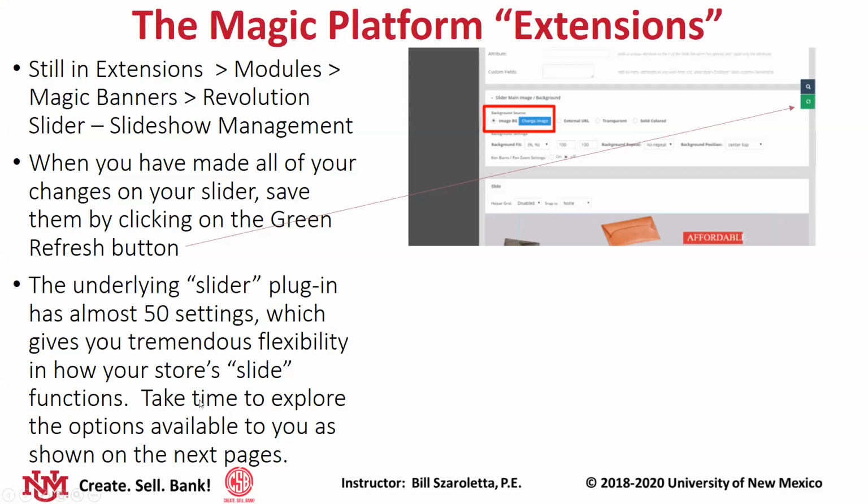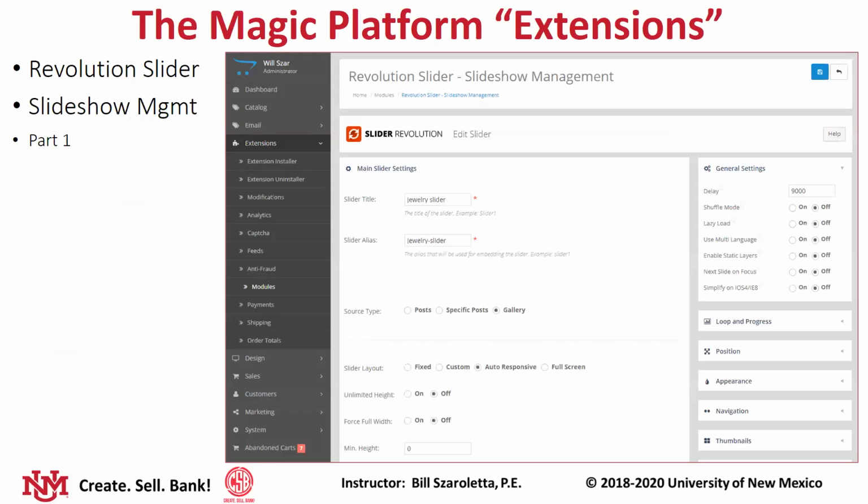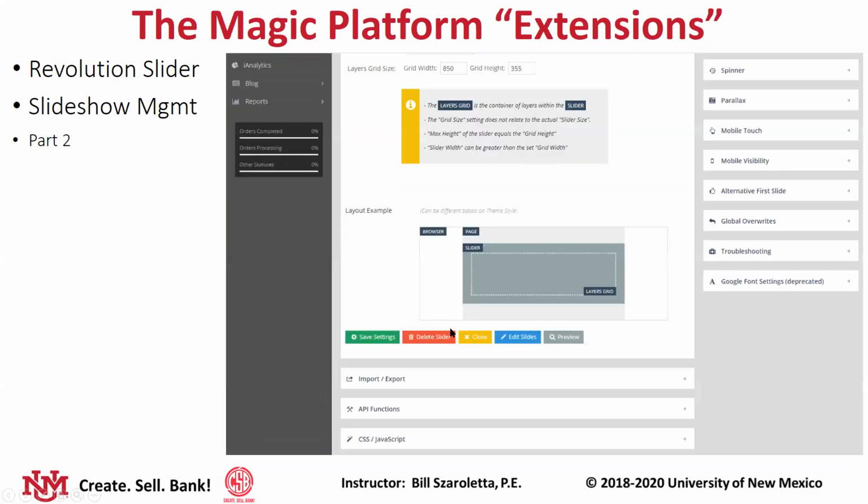Take time to explore the options available as shown on these pages. So here's kind of the first page. You have a title and things that you can turn on: loops, position, appearance, navigation, thumbnails. Then you can go into the further down that page. You can set up the layout.